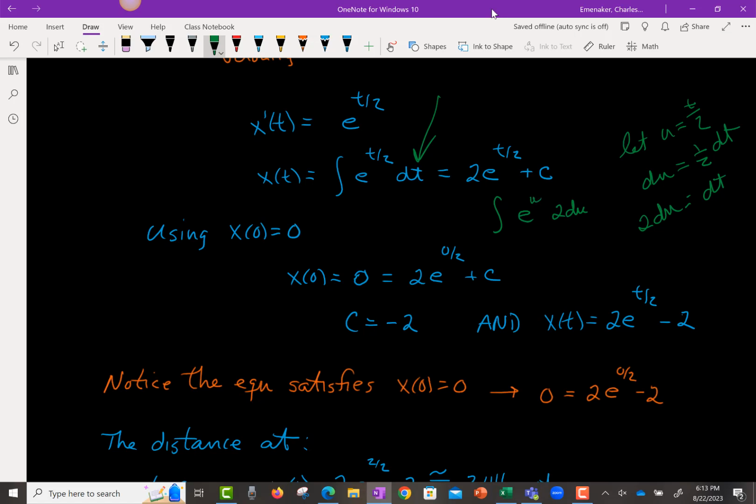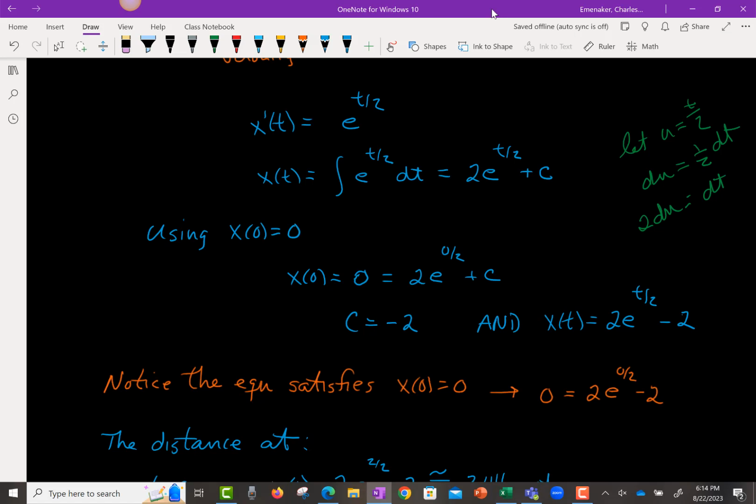So we have as the integral e to the u 2 du. The 2 can come out front, and we're integrating e to the u, which is just e to the u. We have our coefficient out front, our 2. We get our e back, replace u with t over 2, and there you have it, just in case you forgot how to do something like that.